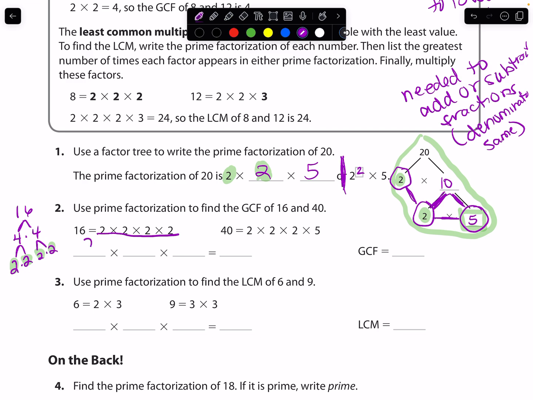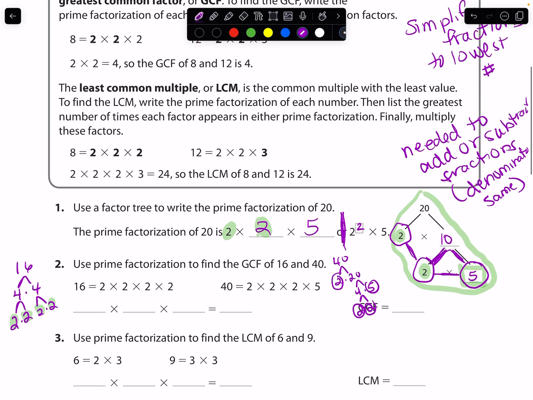So we will write that as 2 times 2 times 2 times 2. Same thing got done for 40. If you split 40 into 2 times 20, 20 gets split into 4 times 5, and 4 gets split into 2 times 2. So the final of this one is 2 times 2 times 2 times 5.